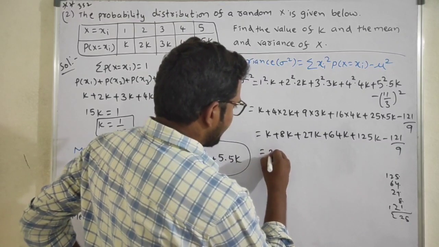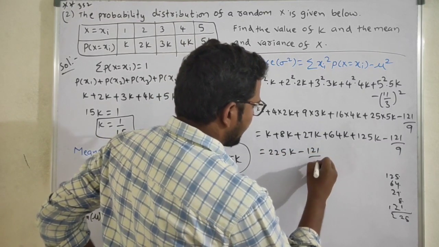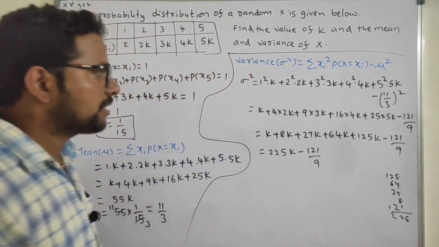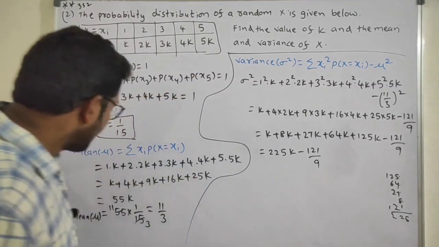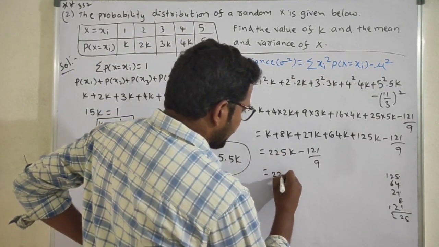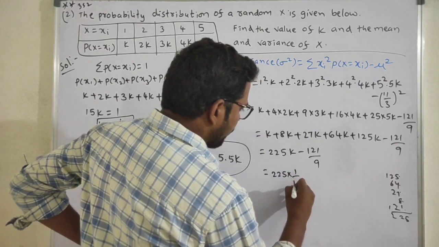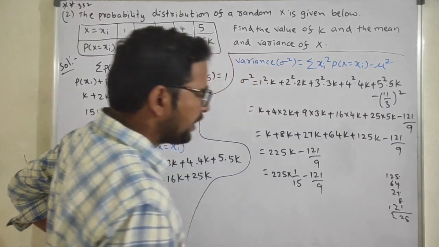So 225k minus 121 by 9. Substitute the k value. What is the k value? k is equal to 1 by 15. Substitute here. So 225 into 1 by 15 minus 121 by 9.